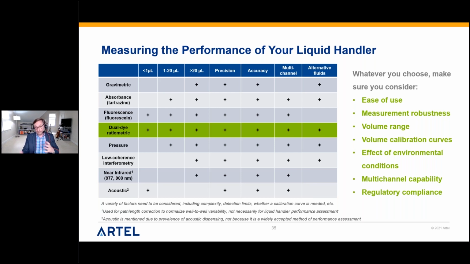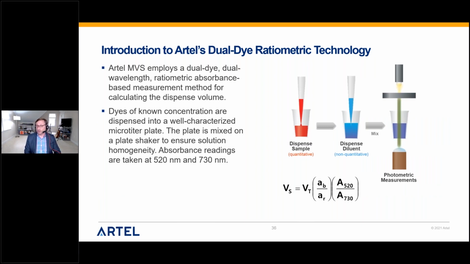And this isn't a mistake. I'm going to be talking about the next step here, this Artel MVS technology, and this dual dye ratiometric technology. And it's by no mistake that every single one of the columns had a little plus in it, because this does really tick all of the boxes.